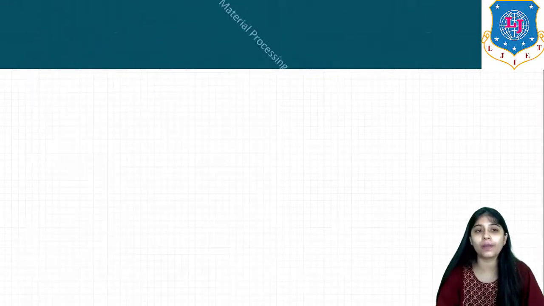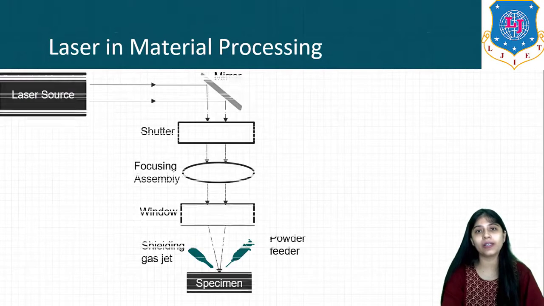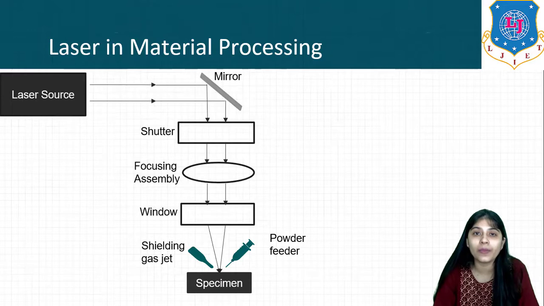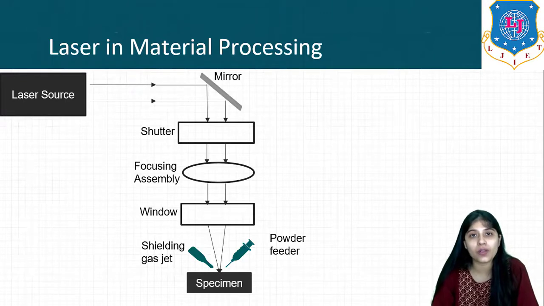Now let us talk about laser in material processing. So as you can see in this figure, the assembly of instruments used in material processing is shown. First of all, a laser source is used to produce the laser. Then a reflecting surface or mirror is used, right?